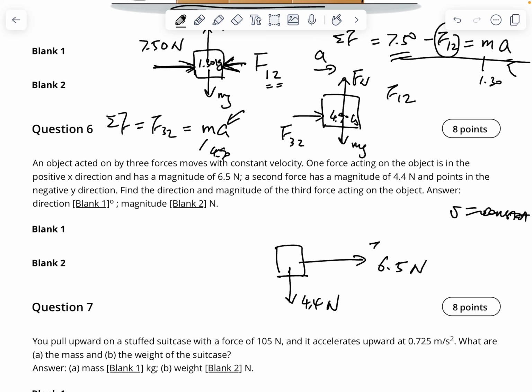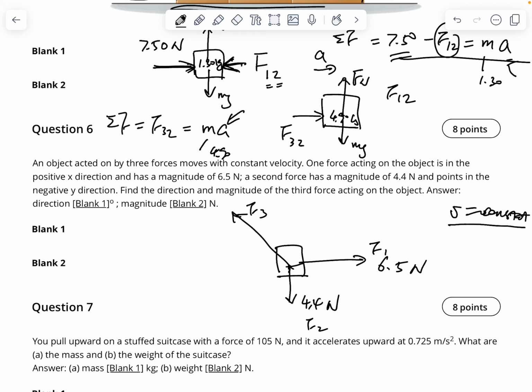Okay, so this is F1, F2, and you have another force, F3. We don't know F3, right? By gut feeling, you know F3 must be in this direction. So you have 3 forces acting on this object, and the object moves with constant velocity. What does it mean?